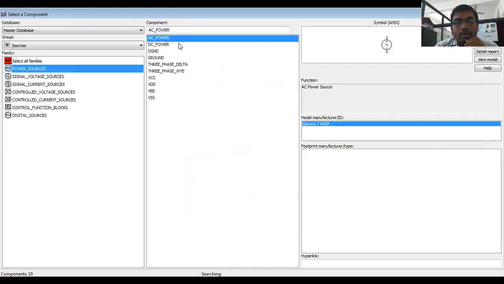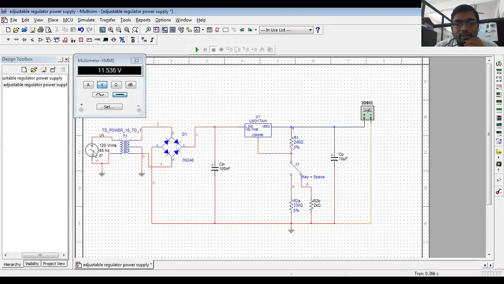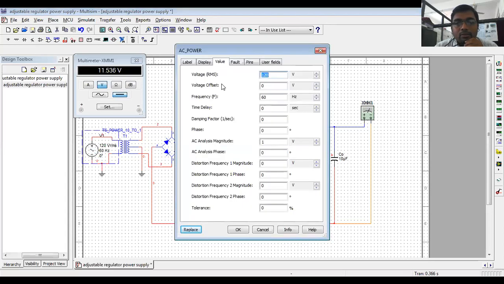Go to AC power and select OK. You get this AC power source, which by default is written 120 volt RMS 60 hertz. You can convert it to 50 hertz as per our requirement, then 220 volt.